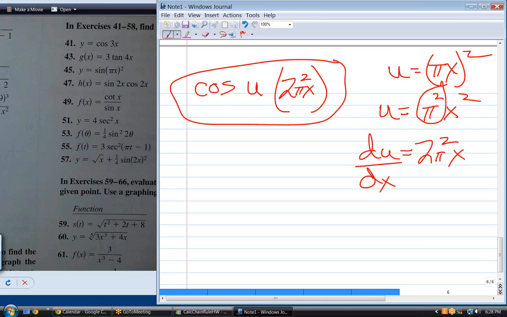In other words, you don't ever want to give an answer like that. You want to turn it back into u, well, that was pi x squared times 2 pi squared x. So that's the derivative of 45. That's a little tricky, because figuring out what the inside should be is a little tricky there. Even trickier than my example.